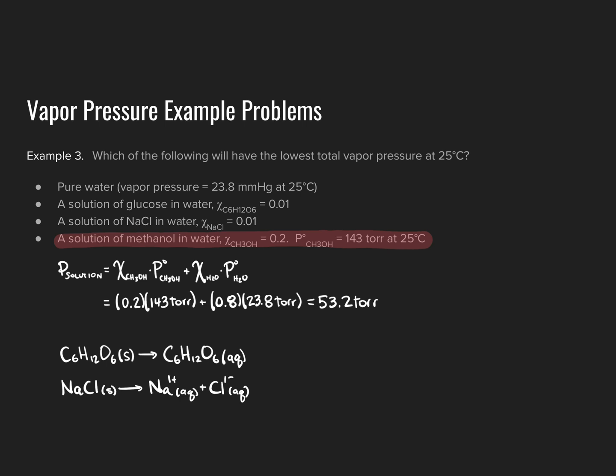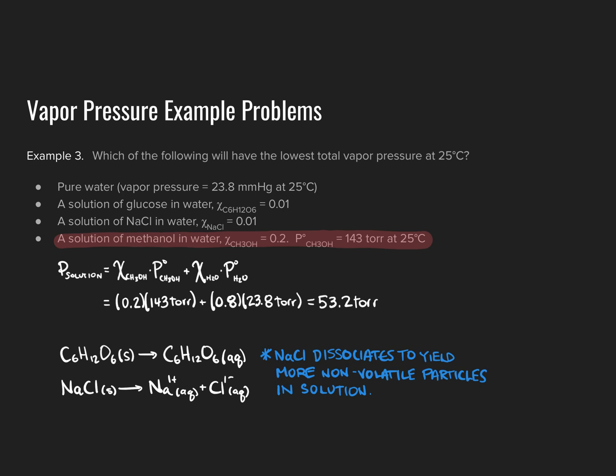Importantly, what that means is, as the salt dissolves in water, even though the mole fraction of the salt is the same as the mole fraction of the glucose, the mole fraction of the ions, the separate sodium ions and chloride ions combined, would be greater than the mole fraction of the glucose, because one salt molecule upon dissociation would yield 2 ions in solution.